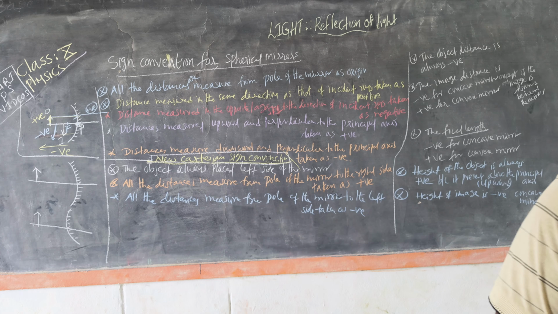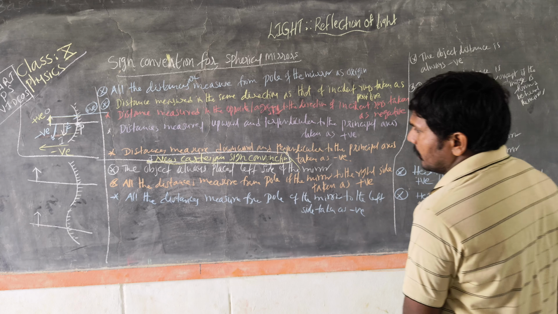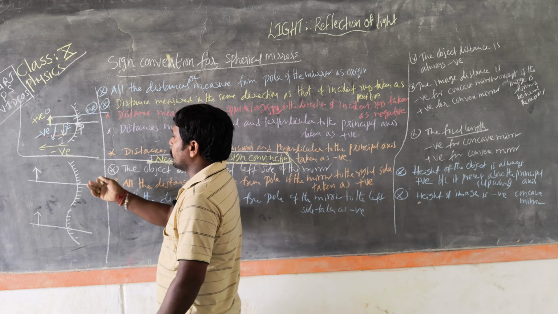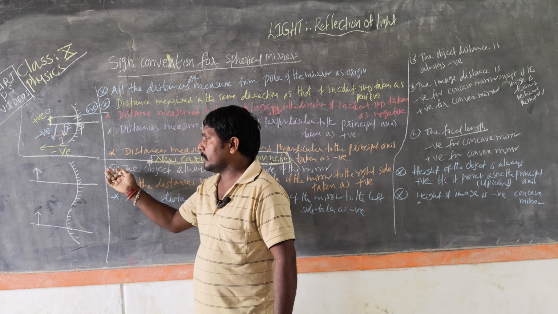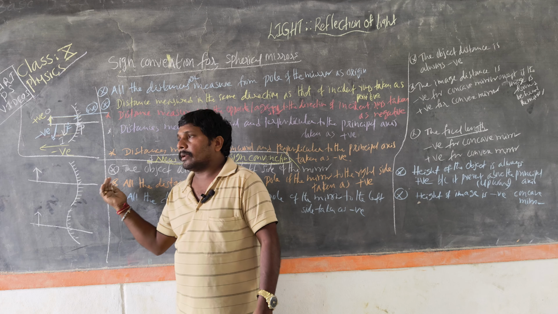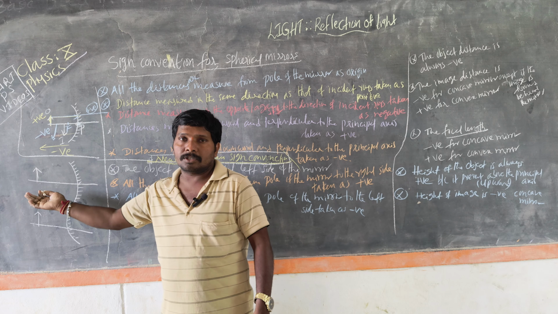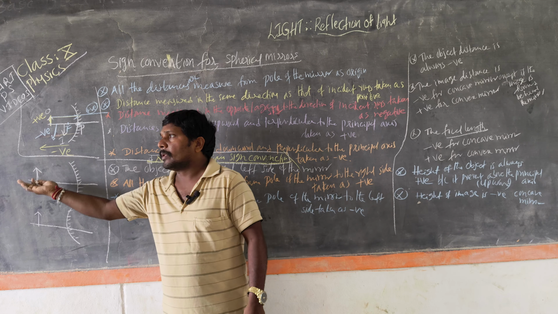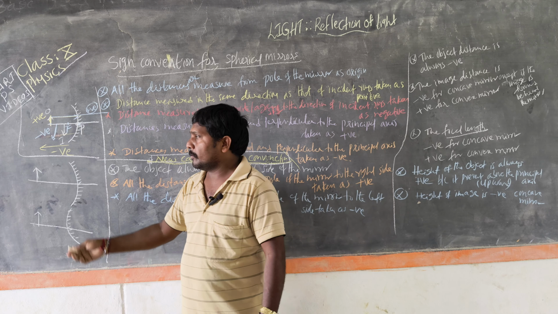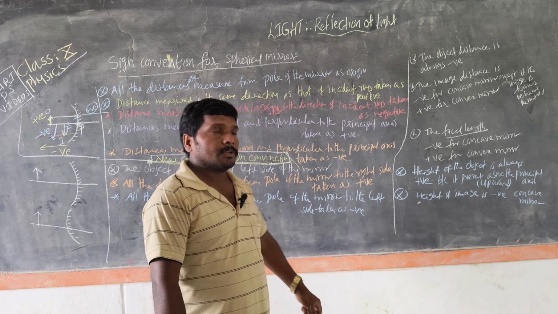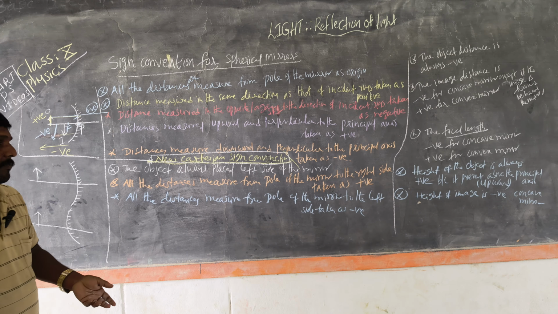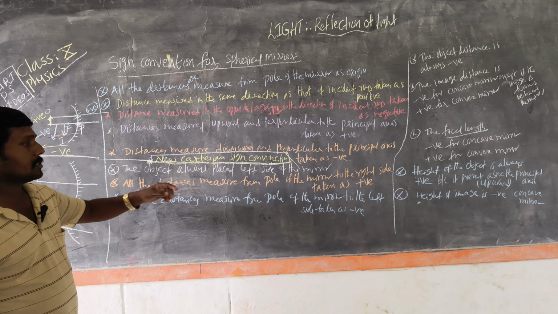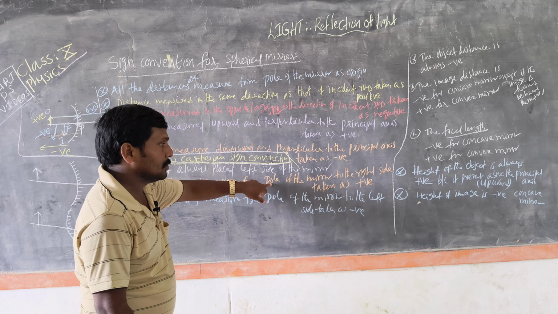Because the direction of incident rays is from left to right, any measurement from left to right we take as positive. If anything is right to left, we take it as negative. So these sign conventions are just modified. All the distances are measured from the pole as usual.